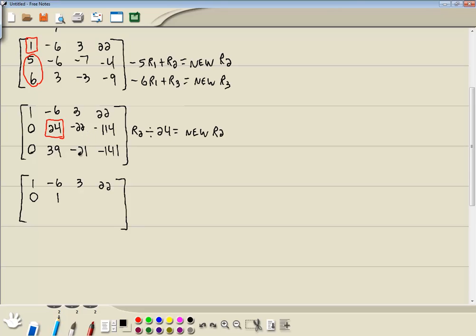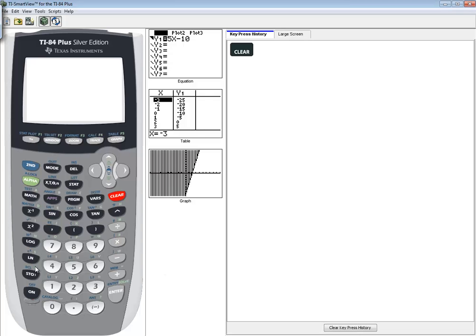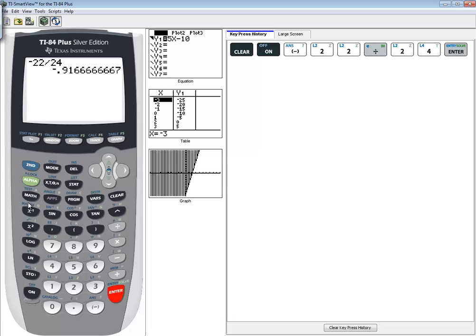-22 divided by 24. I'm going to plug it in my calculator, because I make mistakes on these problems. If I use a calculator, it should be less. So let me just show what I'm doing on the side here. -22 divided by 24. Enter. And then anytime you get a decimal, you never want to use decimals in these calculations. So you do math, enter.